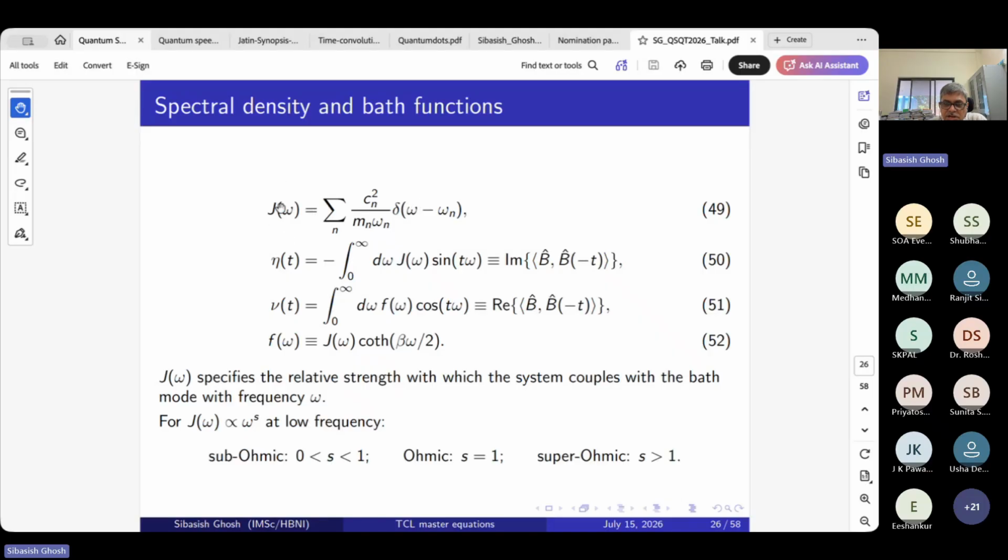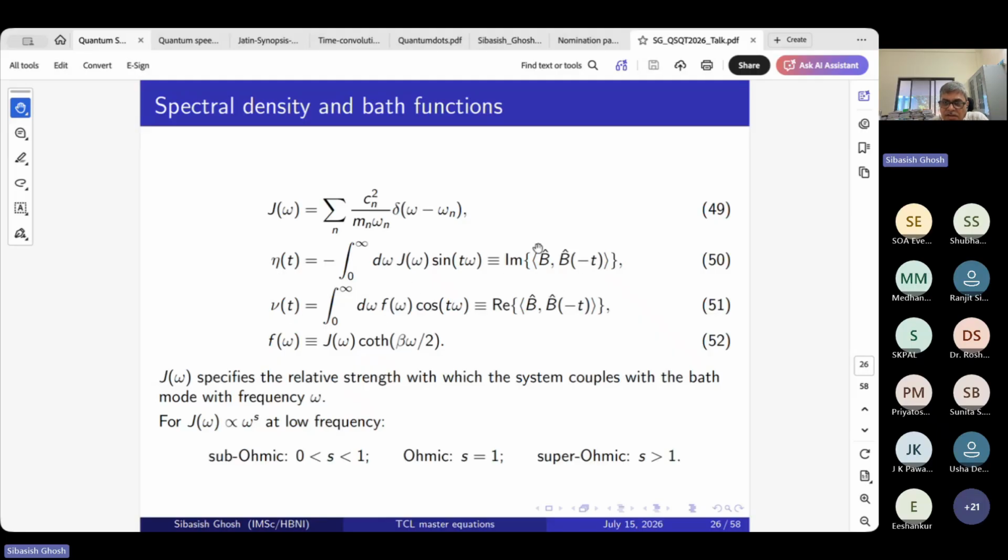So you can take J of omega in this quite general form, sum over n of C_n squared over m_n omega_n. So m_n's are the masses of the individual oscillators and C_n's are the coupling constants, and then you will have these quantities eta of t and nu of t.